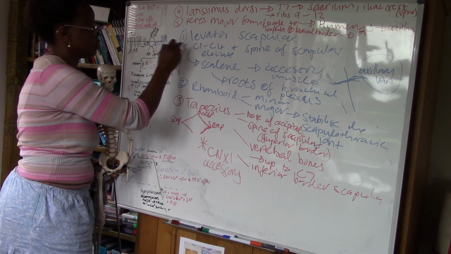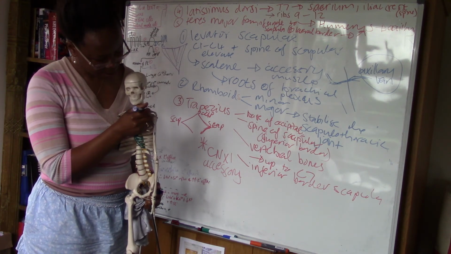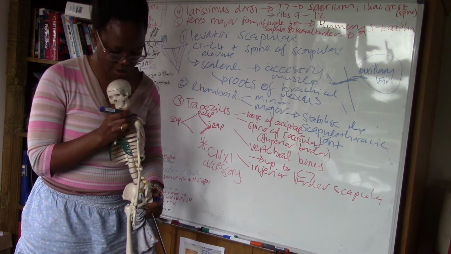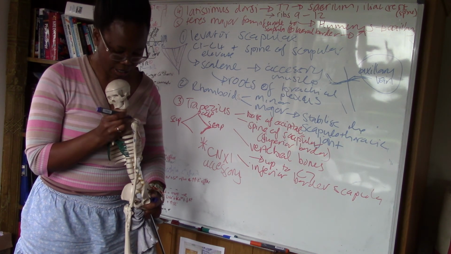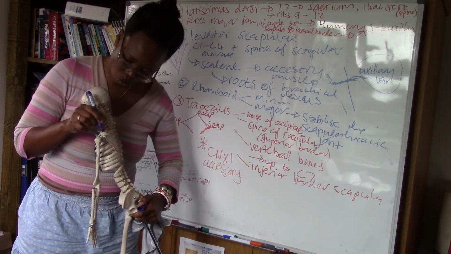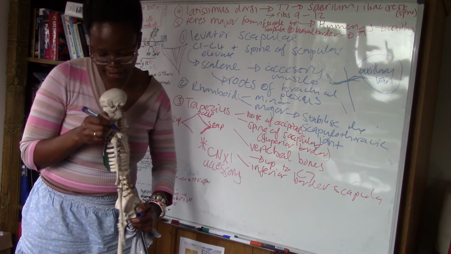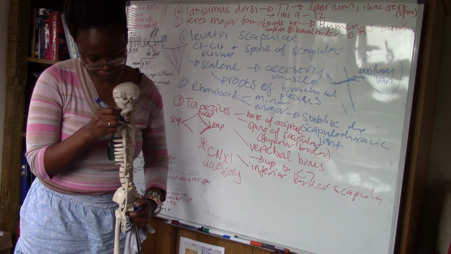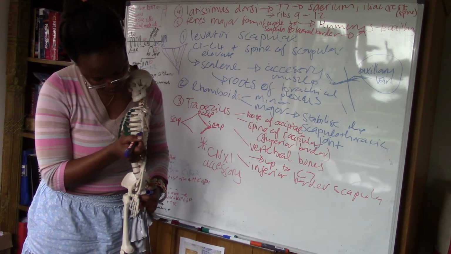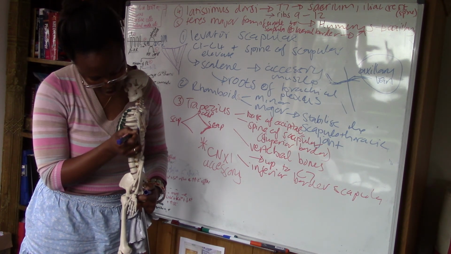So it will have tendons. It will attach at the lateral aspect of the clavicle and at the spine of the scapula and acromion as well. So it covers all that region, and then extends inferiorly to the humerus to attach at the deltoid tuberosity on the humerus.